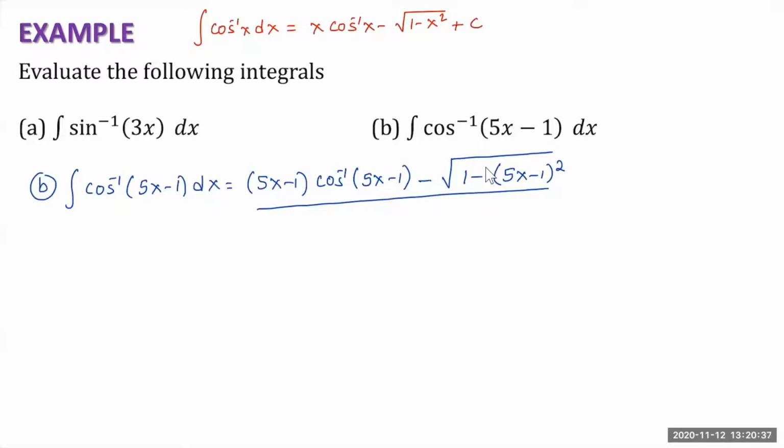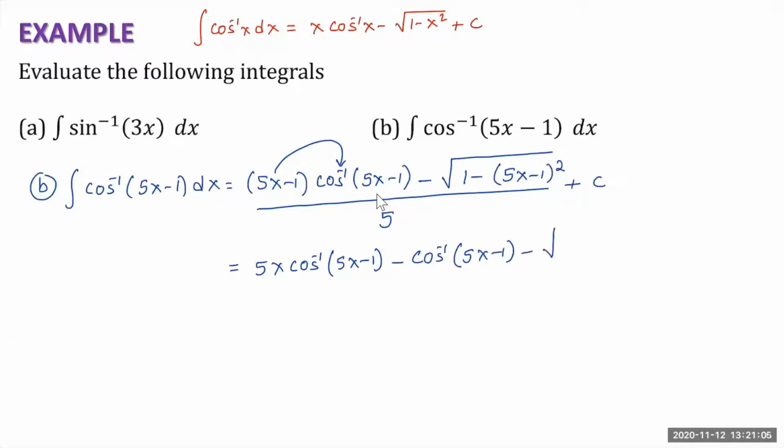So we divide by that 5 and then plus c, which is equal to, now here, if I multiply 5x, it will be 5x cosine inverse 5x minus 1. And then negative 1 multiplied to that, that will be negative cosine inverse 5x minus 1.